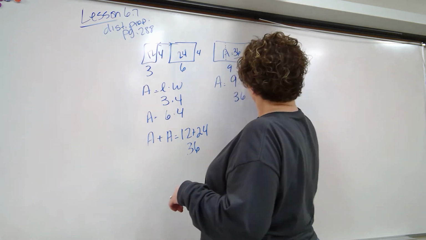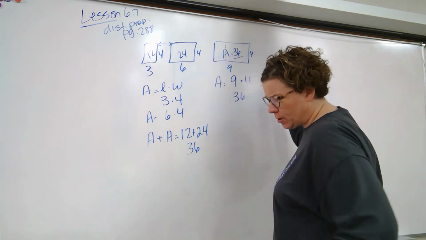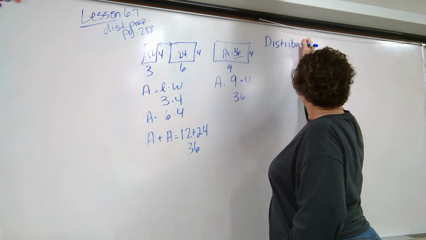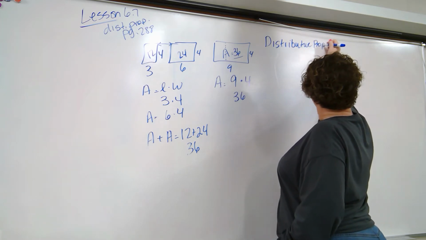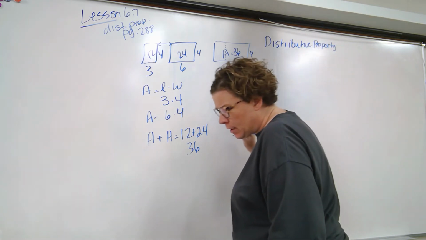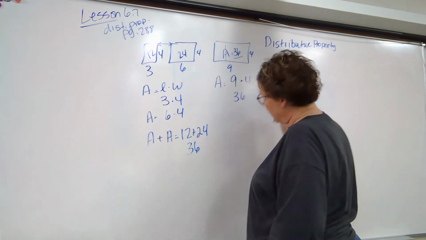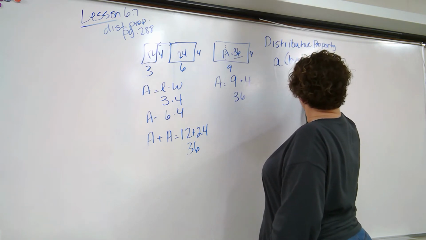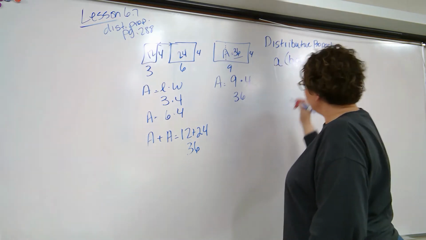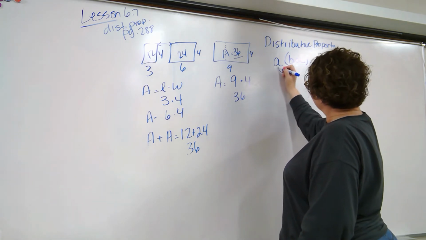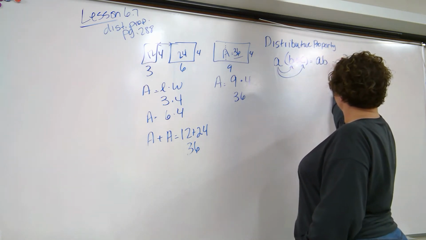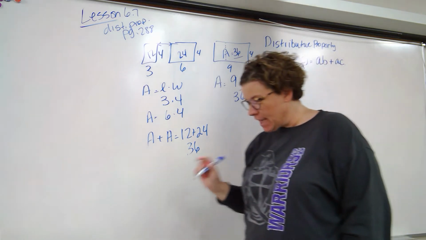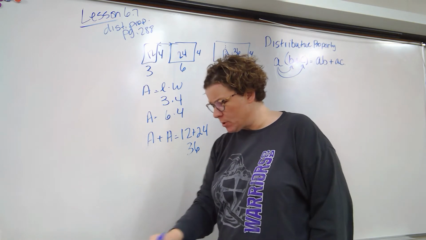I need for you to write this down in your notes. For the distributive property, for numbers A, B, and C, A times (B plus C) is equal to A times B plus A times C. That is at the bottom of 288 in the notebook section.